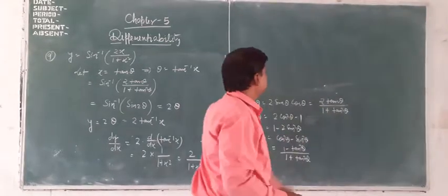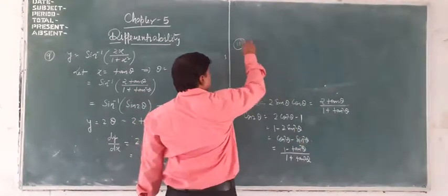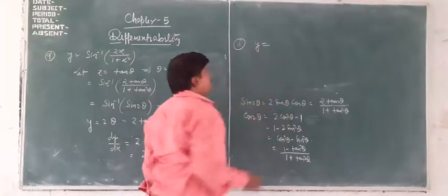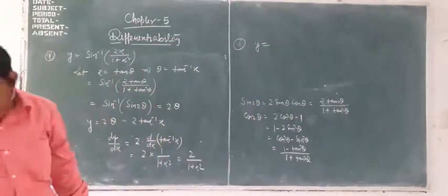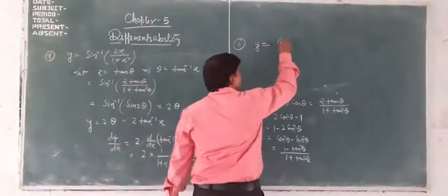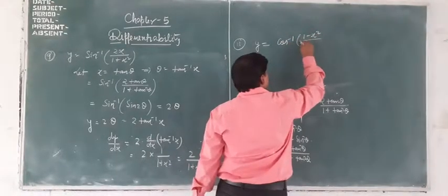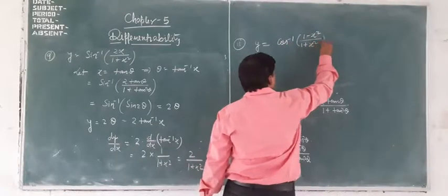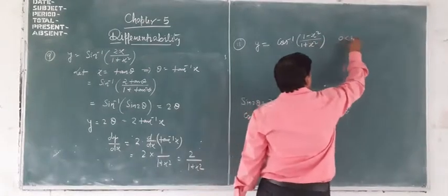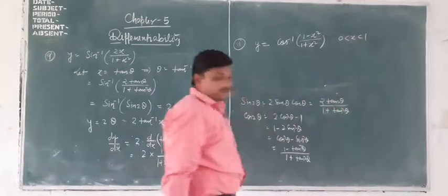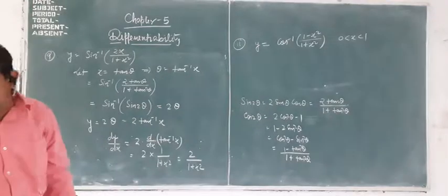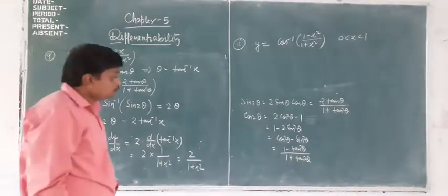Question number 11 is that y equal to cos inverse of (1 minus x square) divided by (1 plus x square), where x lies between 0 and 1.